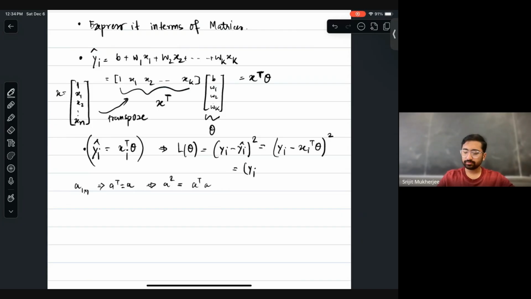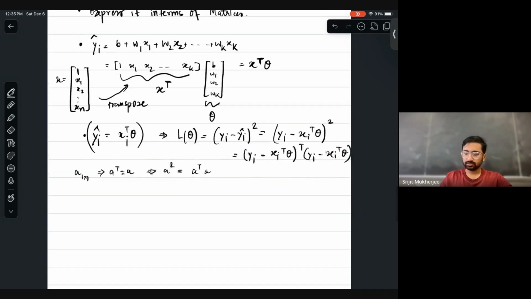So yi minus this, transpose, times yi minus this. Remember, these are all single numbers.